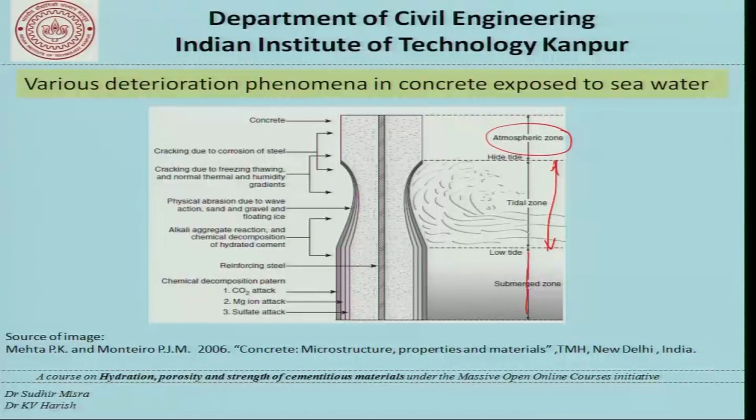Then there is a submerged zone, and beyond that there would be a zone where the concrete is actually not submerged in water, but is actually submerged in soil, and that would be the foundations. So, depending on what zone we are in, we could experience cracking due to corrosion of steel, cracking due to freezing and thawing, alkali aggregate reaction and so on, depending on whatever kind of constitution we have chosen to have.